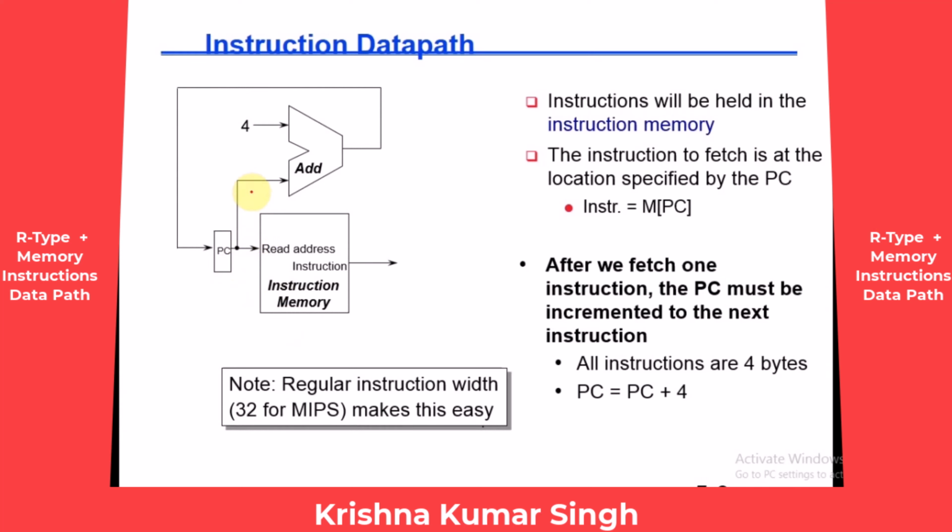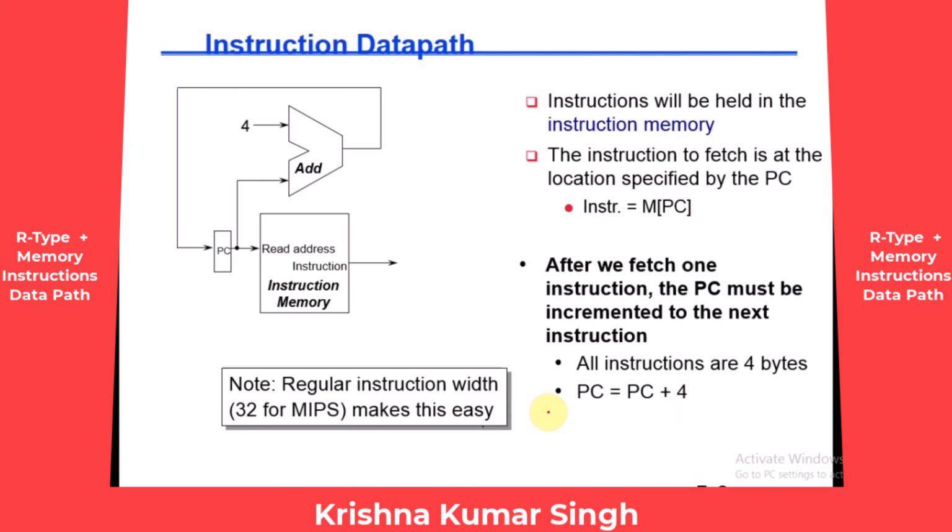As you know, each instruction takes 4 bytes, so we need to add 4 to the current value of the program counter. So we have an adder here, and the current value of the program counter will be added by 4, and the result will come back and be stored again in the program counter.